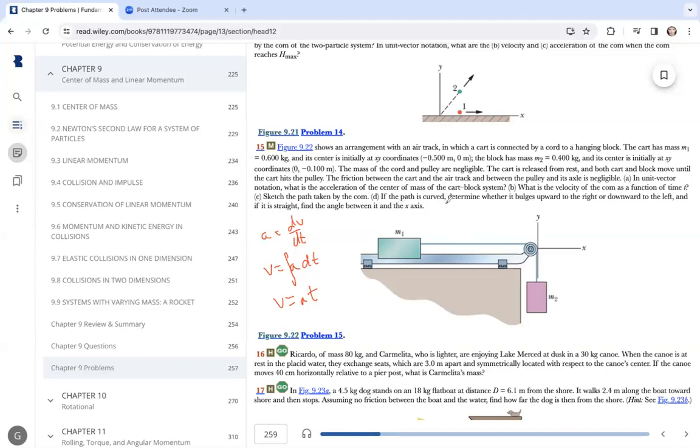So it is not curved, but it is in a straight line. You should be able to find the angle. If v is some vx i hat plus vy j hat, actually it's really a minus. Technically, this is going to be a minus value because this one's going down. Then theta equals the inverse tangent of vy over vx.